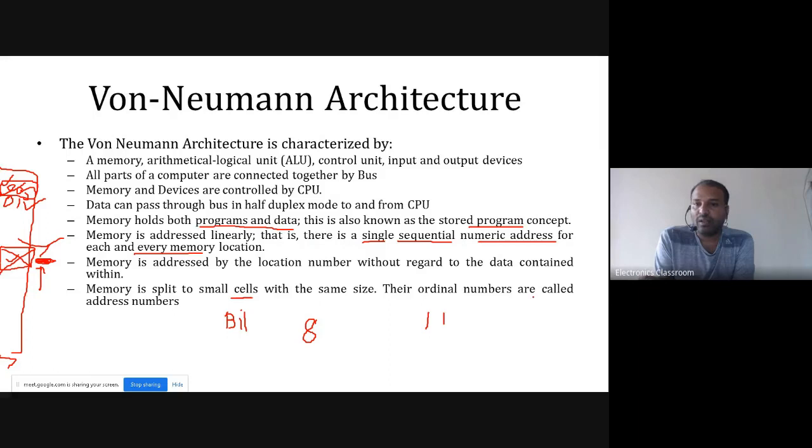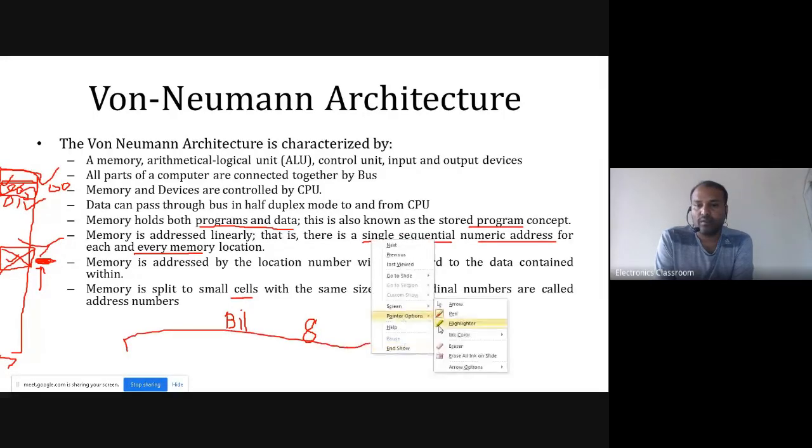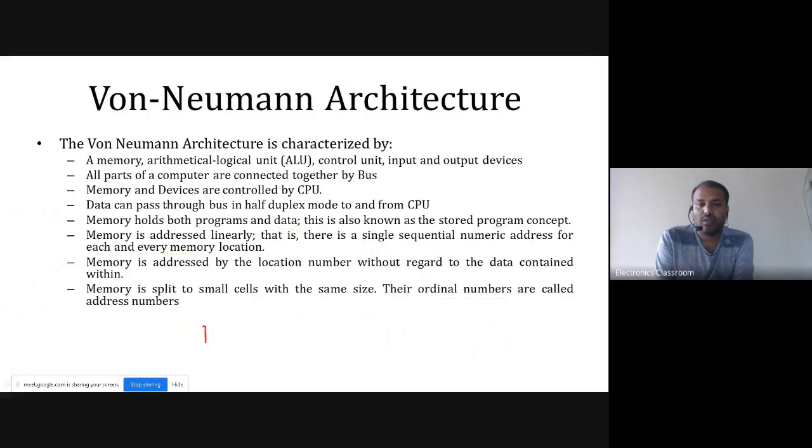Their ordinal numbers are called address numbers. For example, I will take the first memory location, 000. This 000 memory location will be split into 8 small cells of the same size: 1, 2, 3, 4, 5, 6, 7, 8.